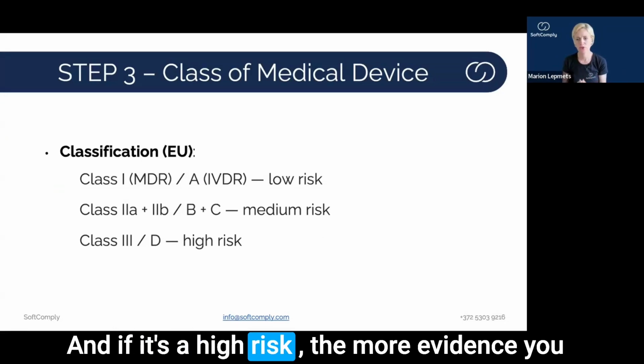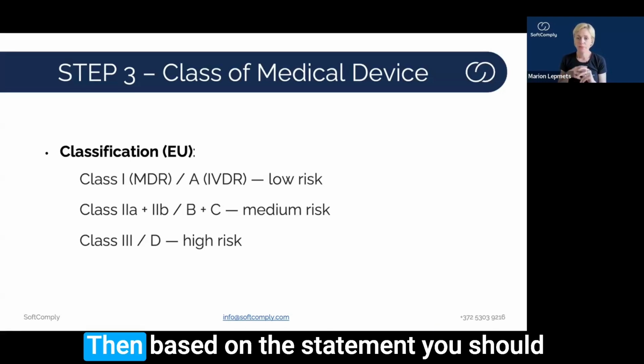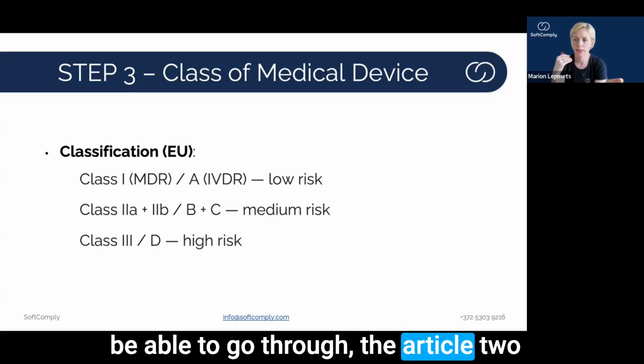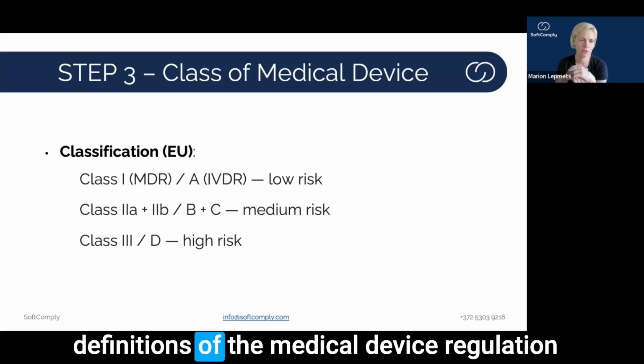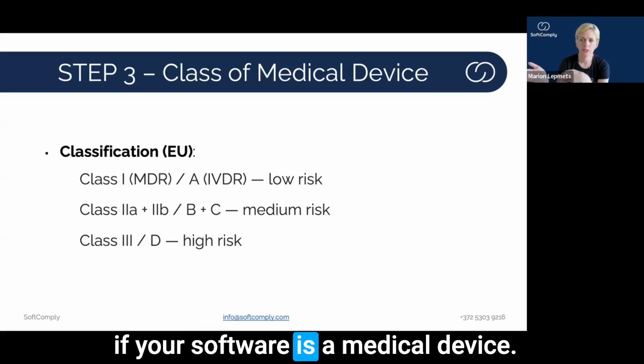And if it's a high risk, the more evidence you have to provide that the device is safe to use. Then, based on the statement, you should be able to go through the Article 2 definitions of the medical device regulation or in vitro diagnostic regulation and verify if your software is a medical device.